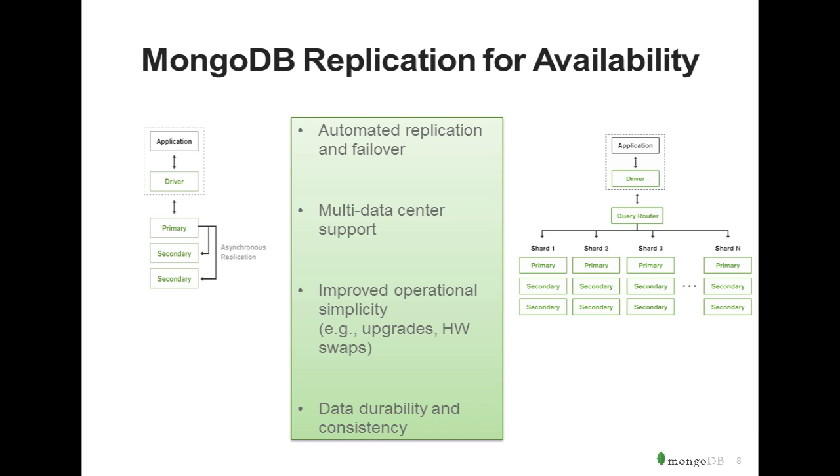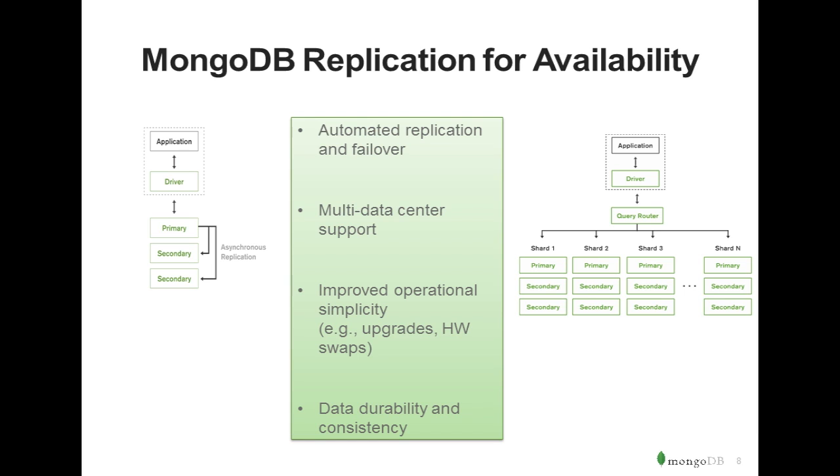Those are called secondaries. To do that, MongoDB uses a capped collection called the oplog, which stores the ordered history of all the writes happening to the database, and it can idempotently apply that to the secondaries so that you have a synchronized copy there.